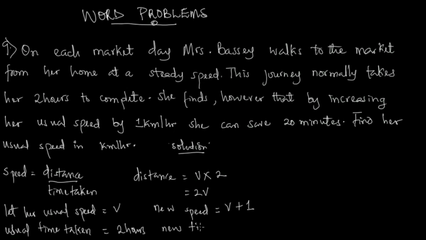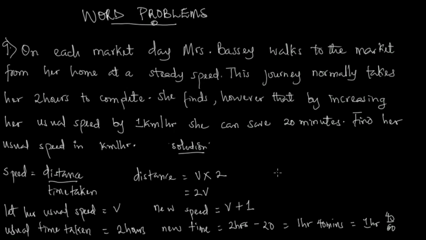If she takes 2 hours normally and wants to save 20 minutes, when you subtract 20 minutes from 2 hours, our usual time, you're left with 1 hour 40 minutes. Let's convert this 40 minutes to hours. We're going to have 1 hour and 40 over 60 hours.